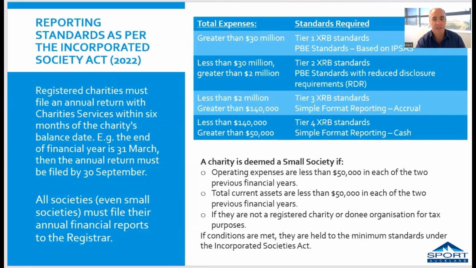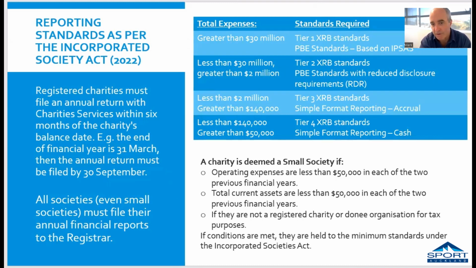Moving on to reporting standards, this is annual reporting. There are 4 tiers under the not-for-profit sector of reporting called Public Benefit Entity Standards. Now, the XRB, External Reporting Board, is a government-run organisation. They are responsible for setting accounting standards for all sectors in New Zealand, whether it be for-profit or not-for-profit.